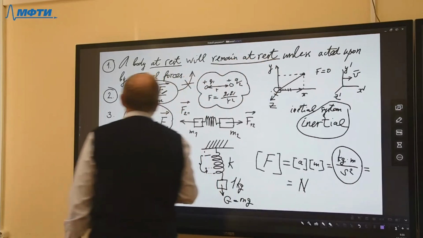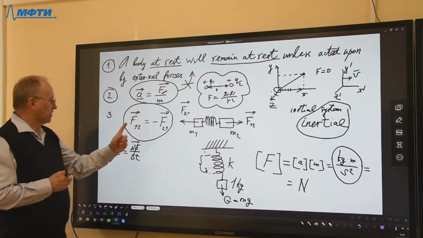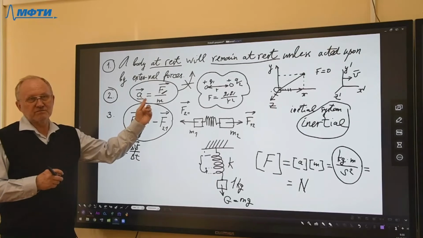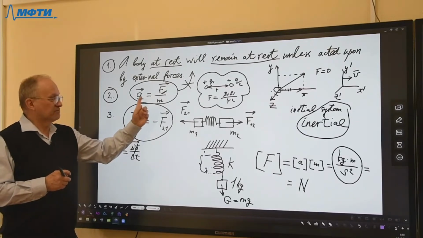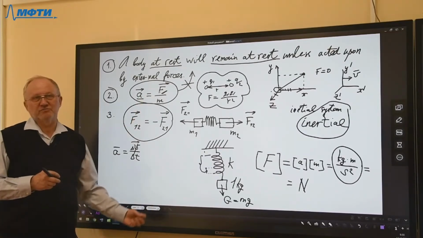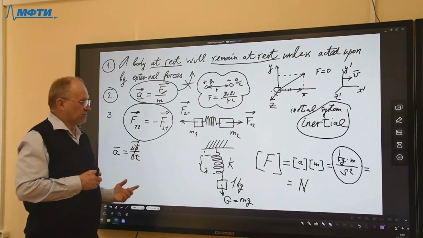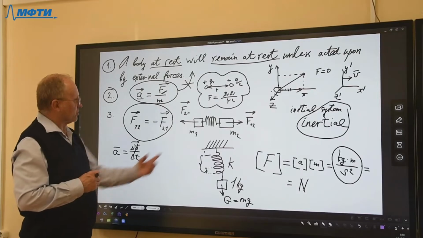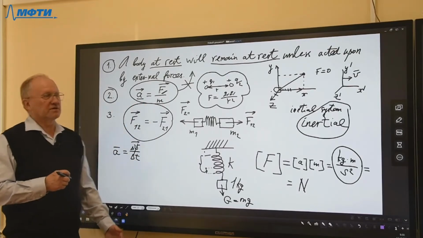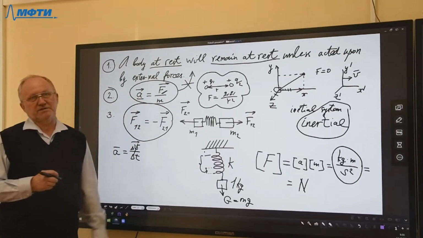And also this law is broken in quantum physics. In quantum physics, it's impossible to introduce a coordinate of a particle. It's impossible to introduce a certain trajectory of a particle motion. And it's impossible to introduce an acceleration.